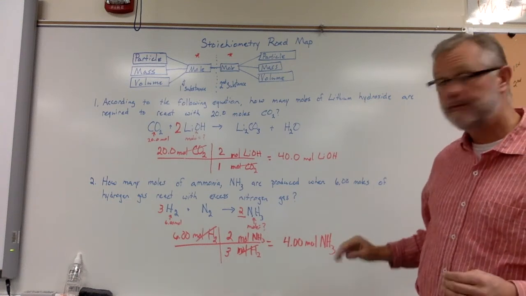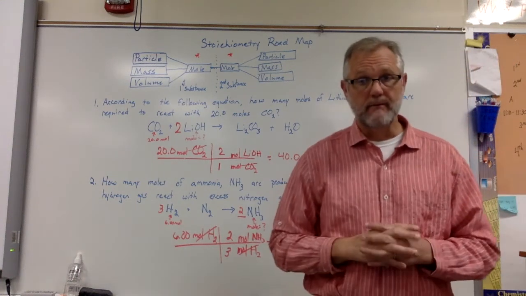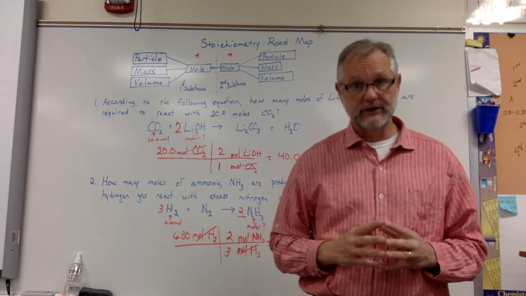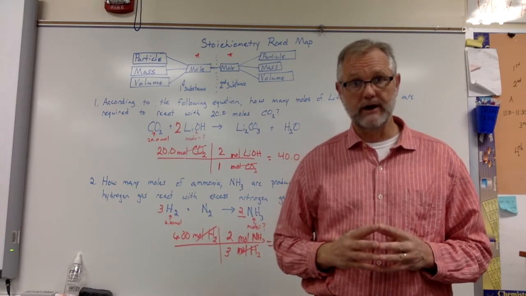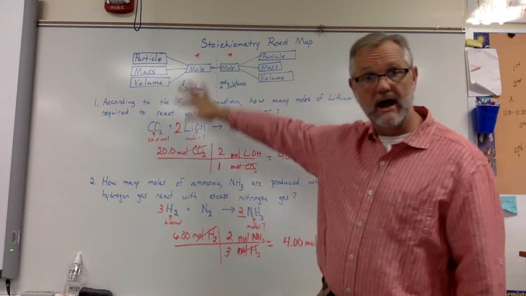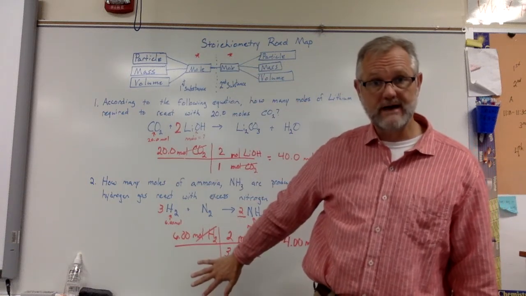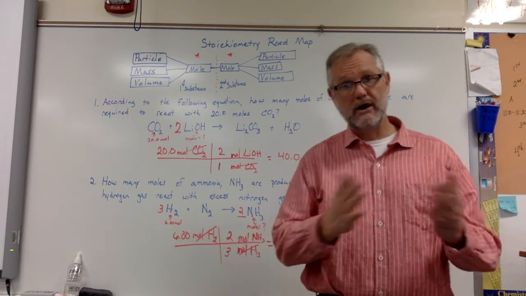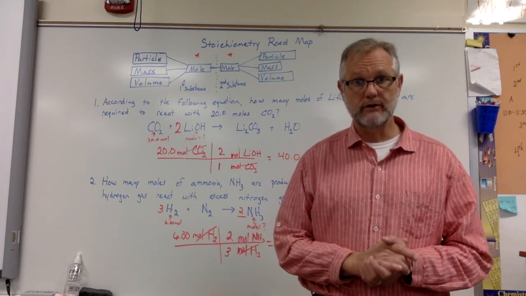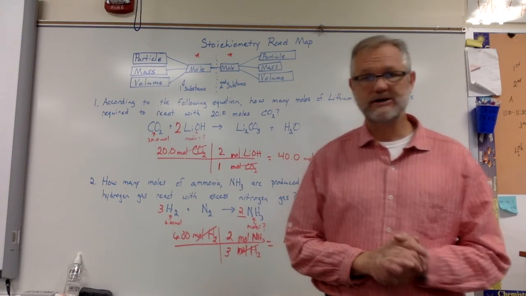So I hope that this has helped. Remember that for your notebook grade, you'll need to come back in and copy all of this down, solve the problems, and then post it into your notebook. All right. Thank you very much. I hope this helped.